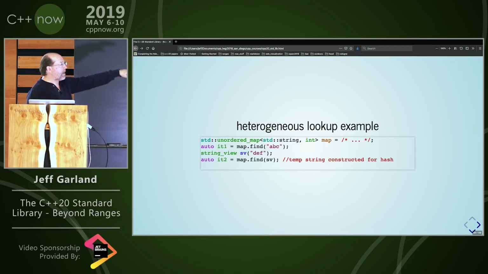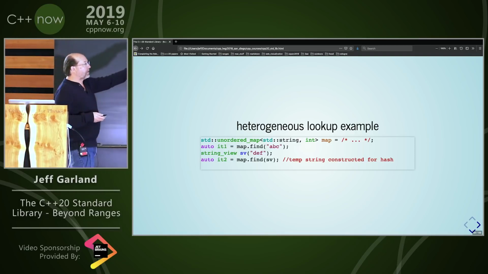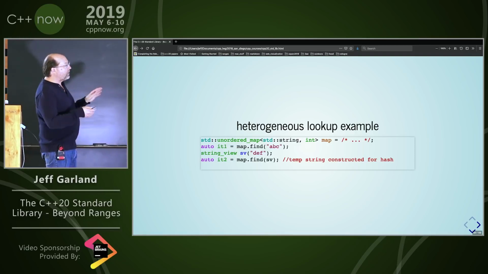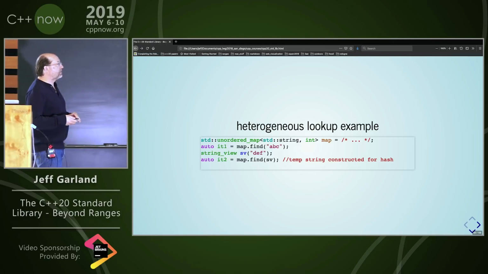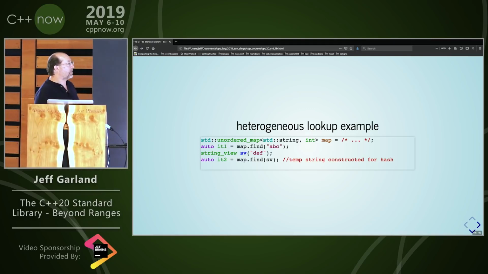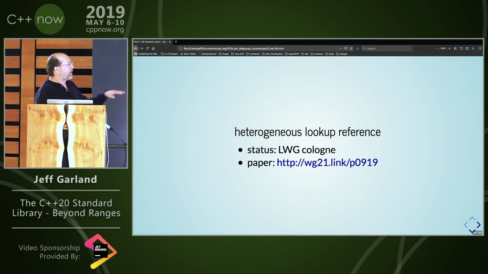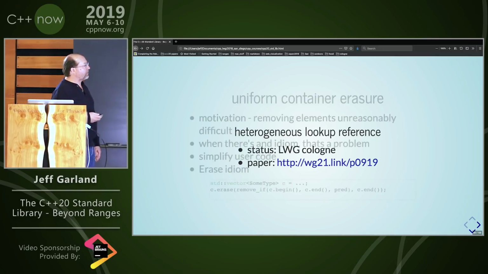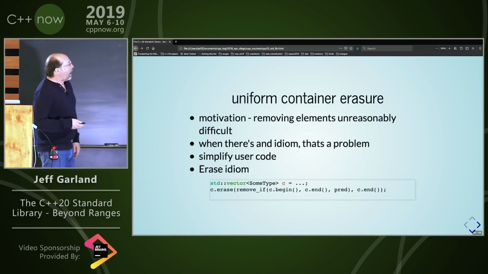I'm not going to give you the example of how you write this, but it gives you the capability to make those conversions without actually having to construct an actual string. This is in library working group for Cologne. There's the paper number. I did not have a reference implementation for this one.